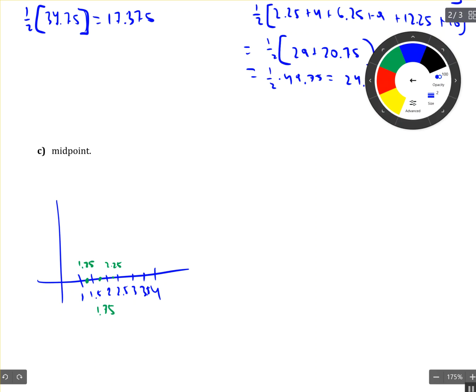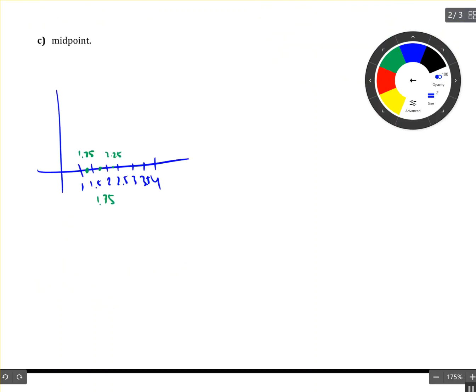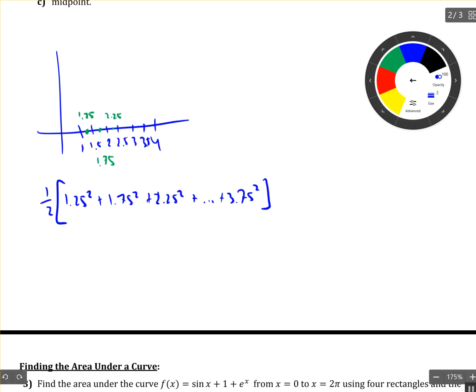So let's go ahead and do that. The width on all these rectangles is still 1/2 times, but now it's going to be 1.25 squared plus 1.75 squared plus 2.25 squared plus dot, dot, dot, plus 3.75 squared. So let's go ahead and calculate that.